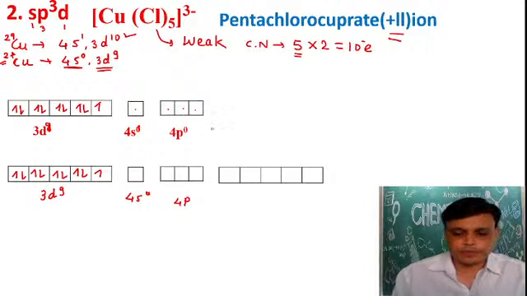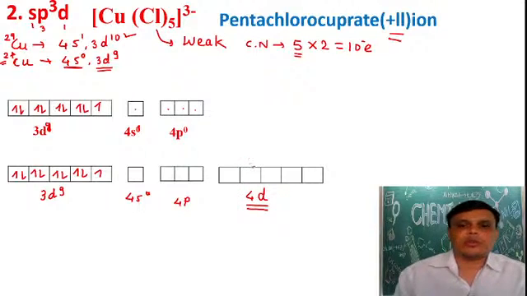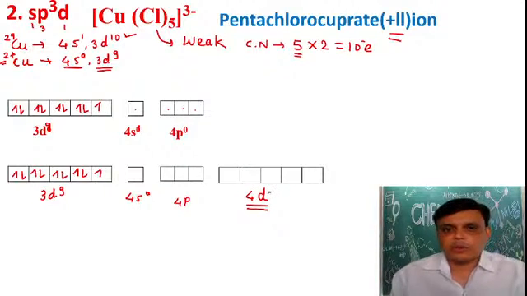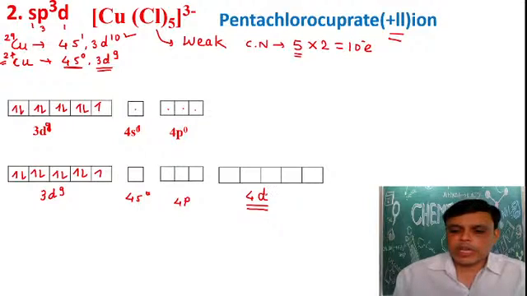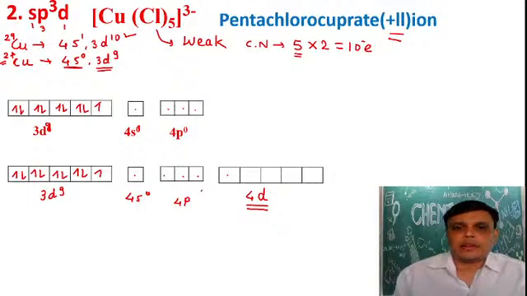So that's why this compound uses one d orbital from the 4d energy level. So this 4d comes into the picture here. Now how many orbitals are there? 1, 2, 3, 4 and this one from the 4d level.